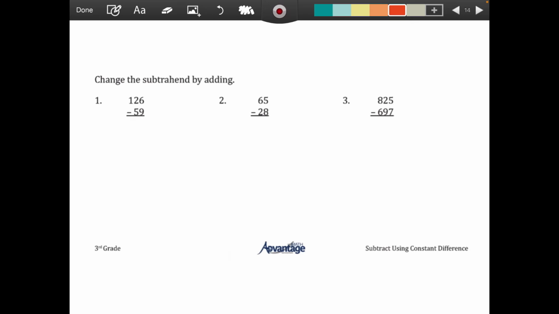And our second page, remember, we're doing the subtrahend and we are adding. So over here I'm going to add 1. My new problem is going to be 125 subtract 60.